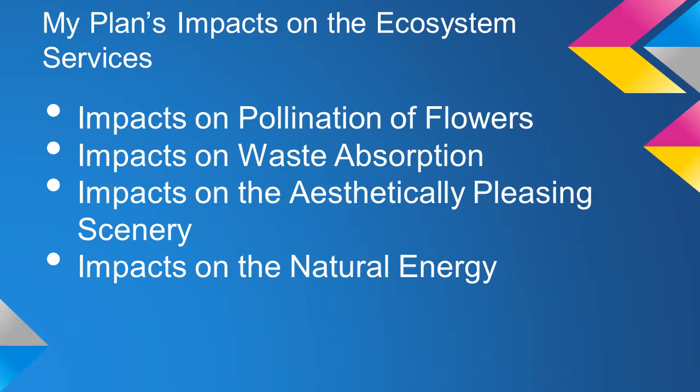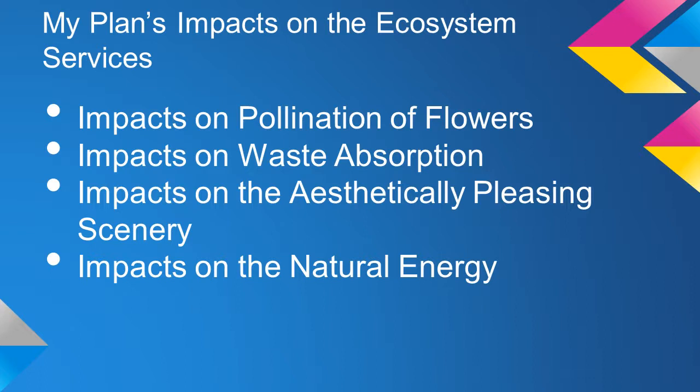So my plan's impacts on the ecosystem services. The impacts on the pollination of flowers is that there are some animals such as the deer that I will increase in its population, and its diet consists of mainly insects.